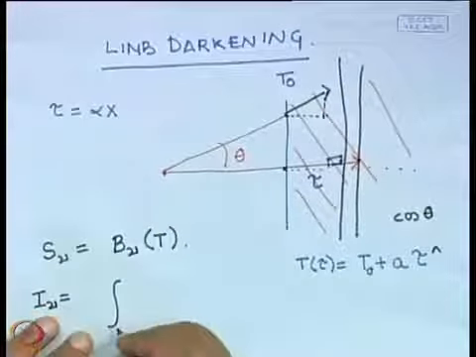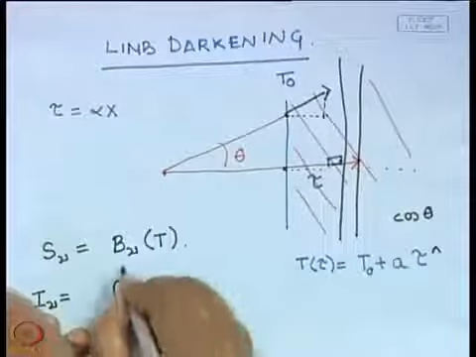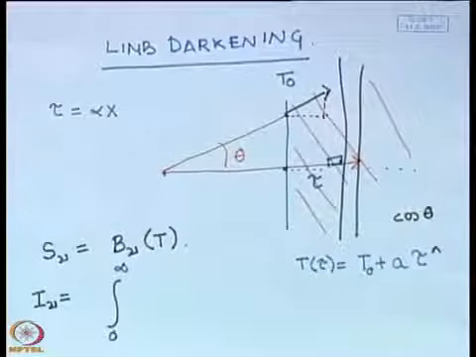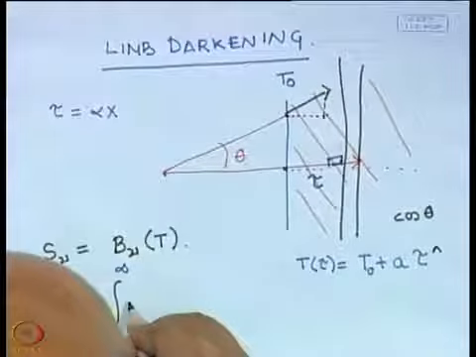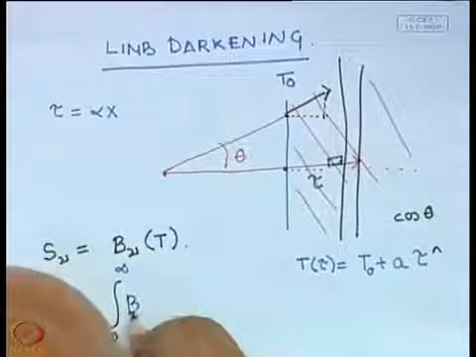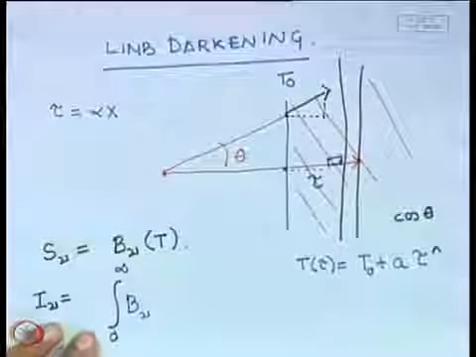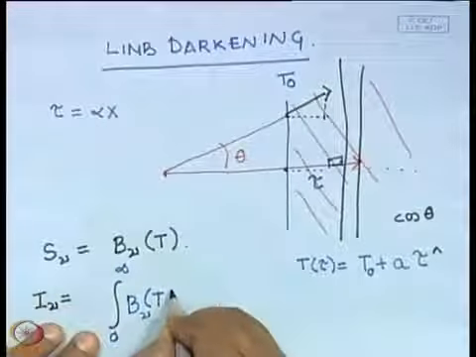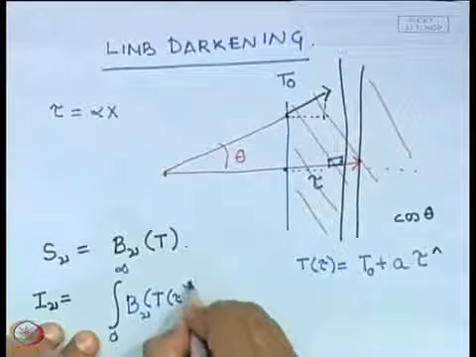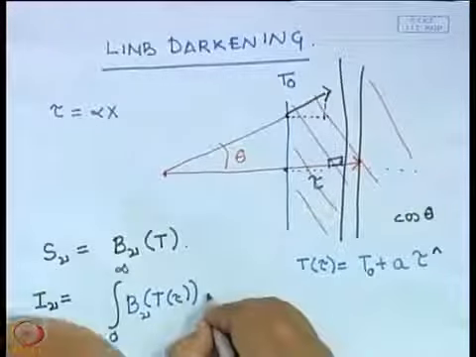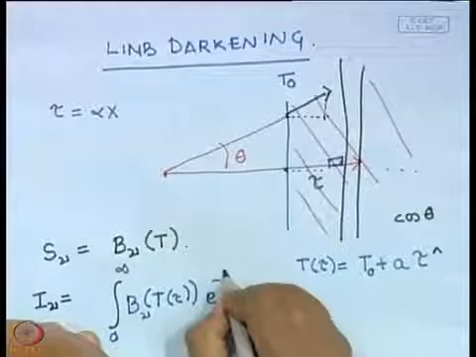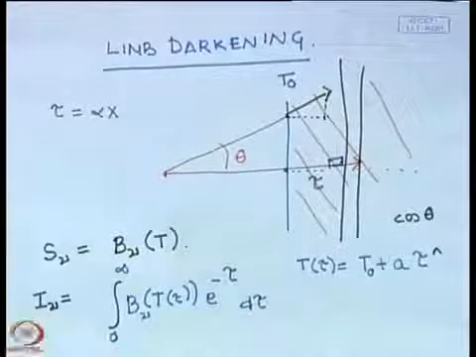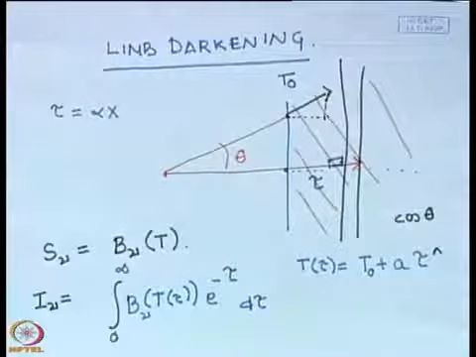So this is going to be 0 to infinity, and then you have the source function, which here is B, the Planck function, which is a function of the temperature at that optical depth, into e to the power minus tau d tau. This is the solution.